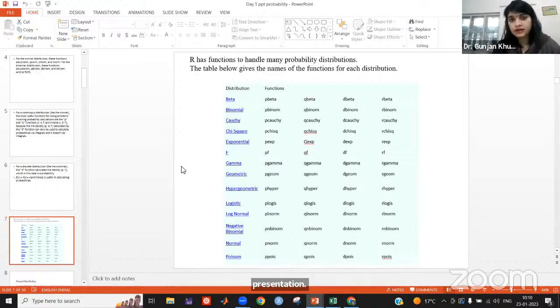However, R can handle beta, Cauchy, chi-square, exponential, F distribution, gamma distribution, geometric distribution, hypergeometric, logistic, log normal, negative binomial, and more. And these are the functions which are related to these distributions. Every time it is prefixed by p, q, d, or r, so it is easy to remember also.